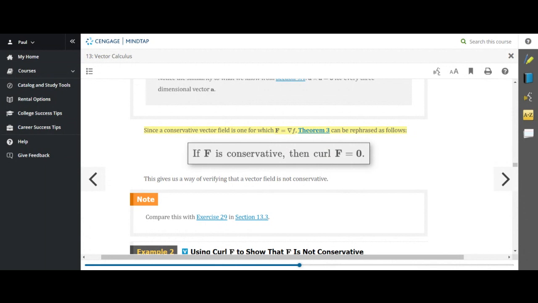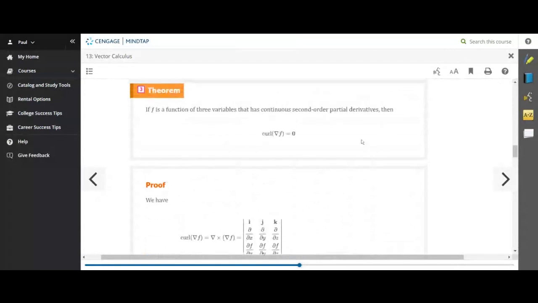If that's the case, then the vector field f is conservative, because the curl of a gradient field equals the zero vector.